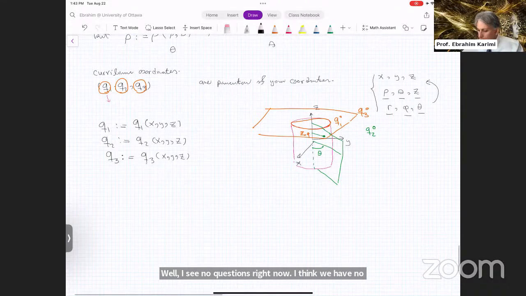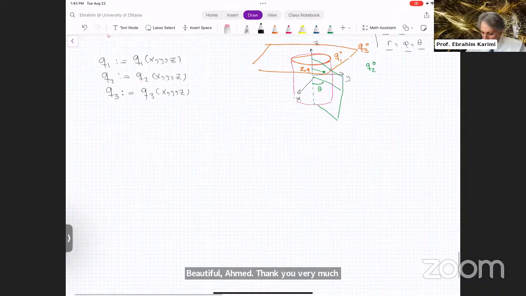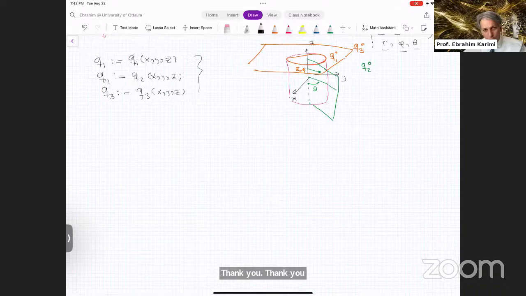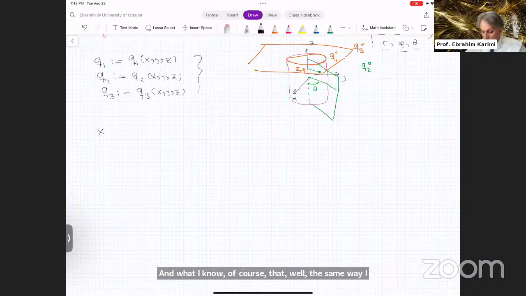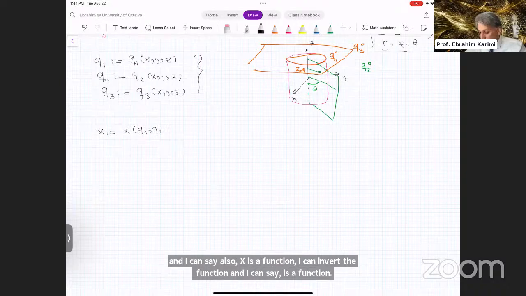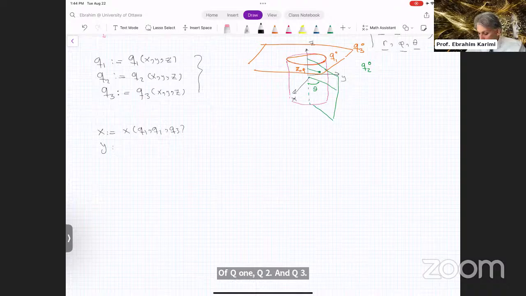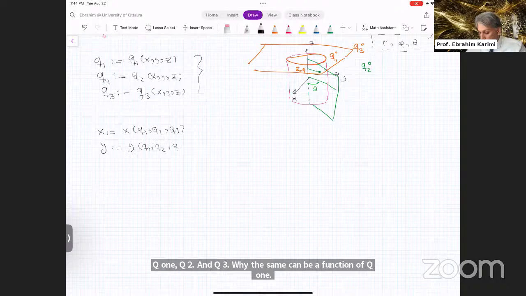Thank you, Professor. So then, these three new parameters Q1, Q2, and Q3 are a function of X, Y, and Z. And of course, I can invert the function, and I can say X is a function of Q1, Q2, and Q3. Y the same can be a function of Q1, Q2, and Q3.